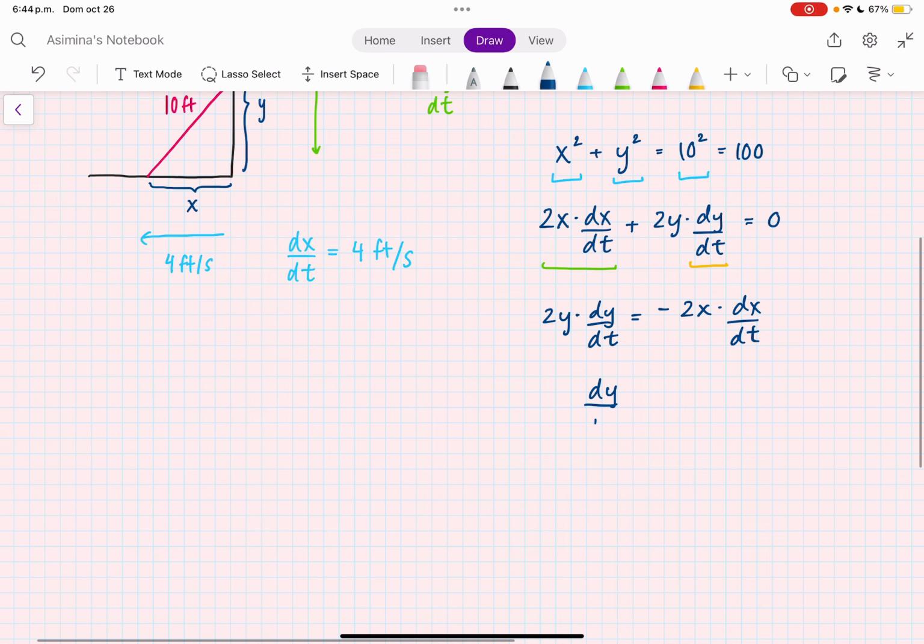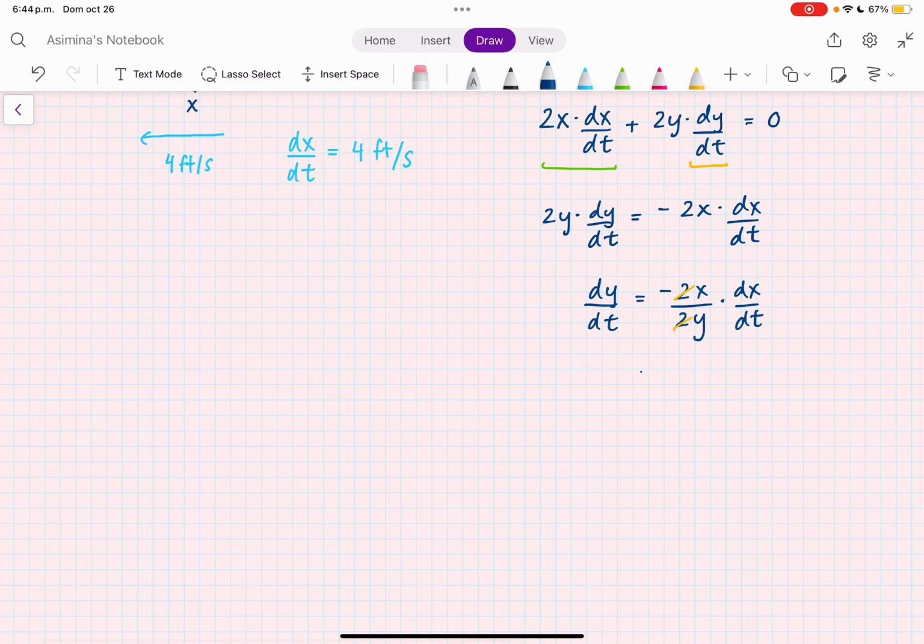So I get dy/dt equals negative 2x over 2y times dx/dt. These 2's cancel out. So what I'm left with is dy/dt equals minus x over y times dx/dt. Great, so we're so close to being done, right?